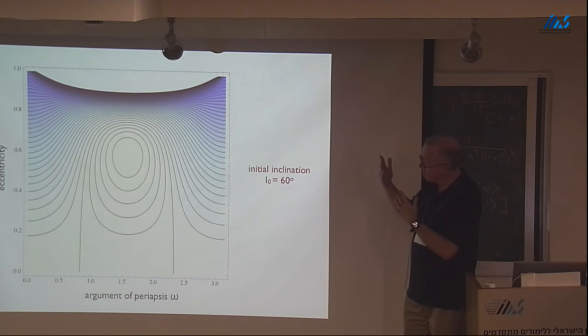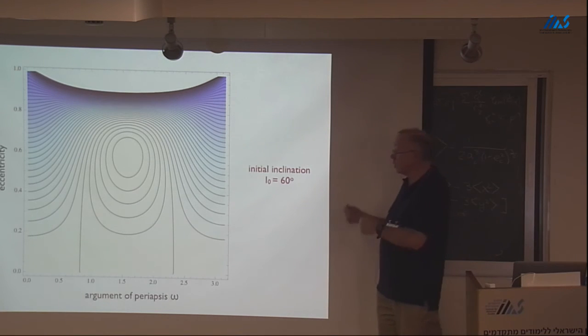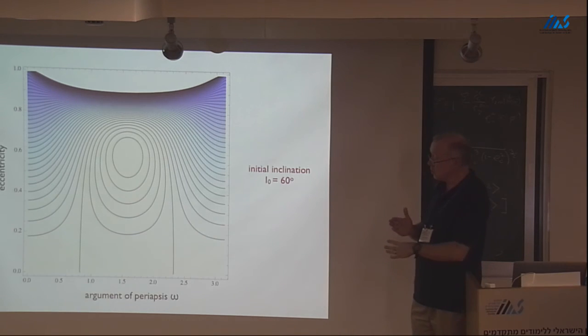If you rewrite the same Hamiltonian in Poincaré elements, what you will find is that at the critical angle, the solution at zero eccentricity is still a solution, but becomes an unstable solution. And so if you start a point epsilon away from zero eccentricity, it will start to engage in the oscillation going up to high eccentricity.